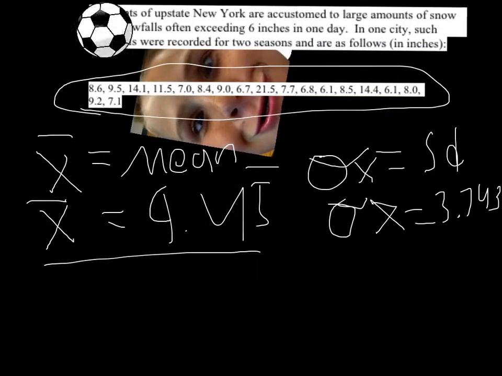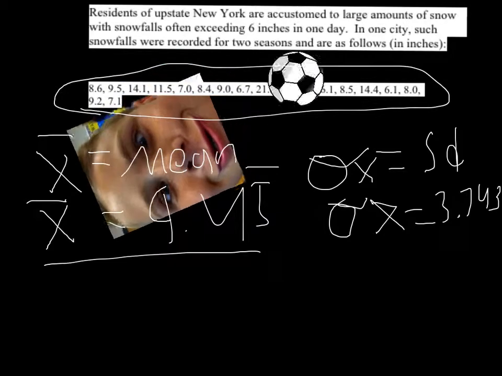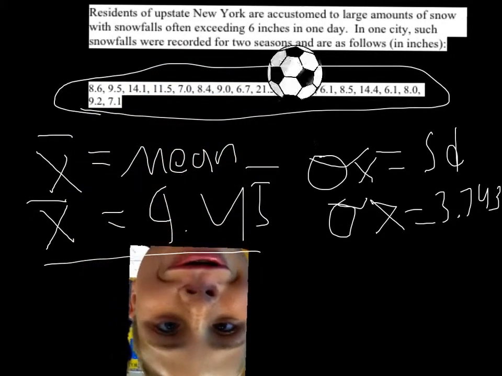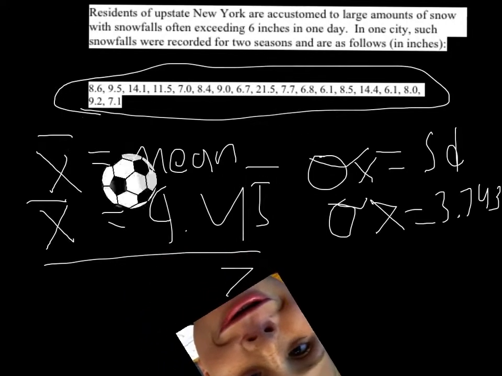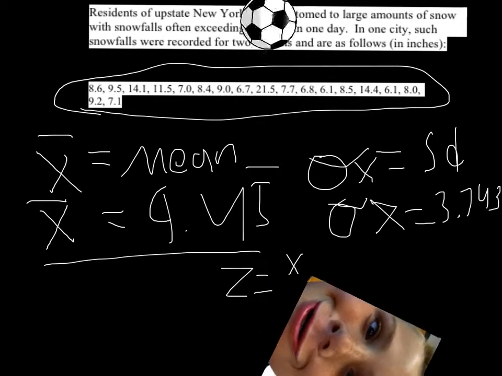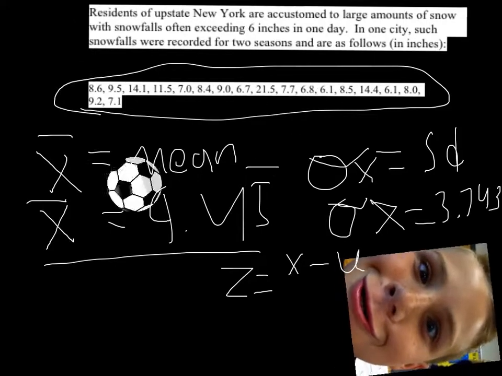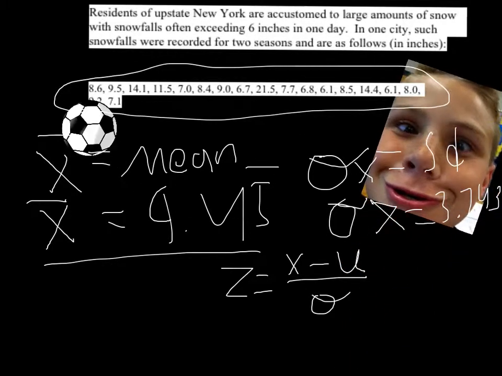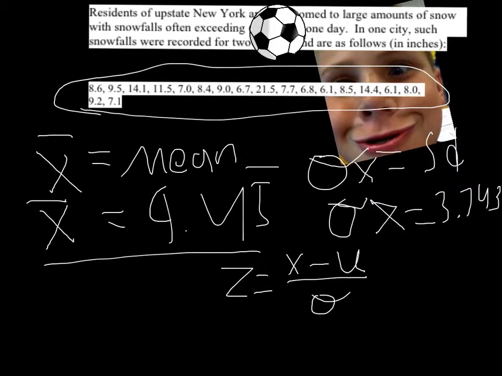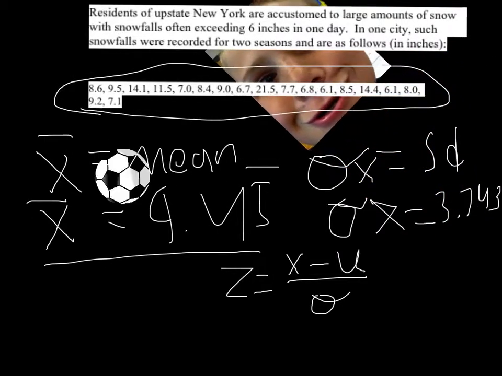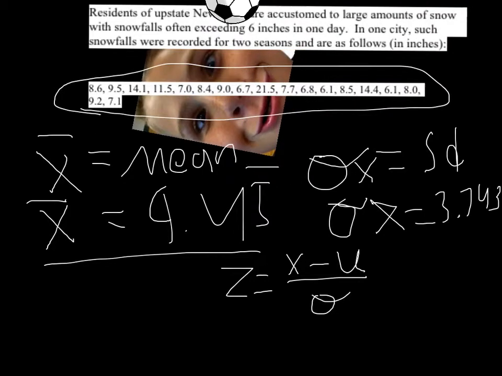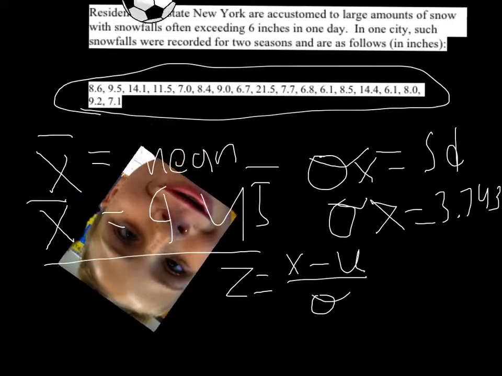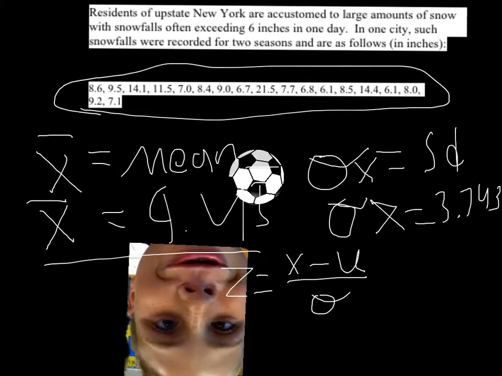And you will need both of those to finally find the z-score. So first, you'll use the equation of z equals x minus μ, or for this, that will mean the mean, over the standard deviation. And that's your z-score formula. So, to find the z-score, you'll have to plug in 9.45 for μ, in this equals the mean.